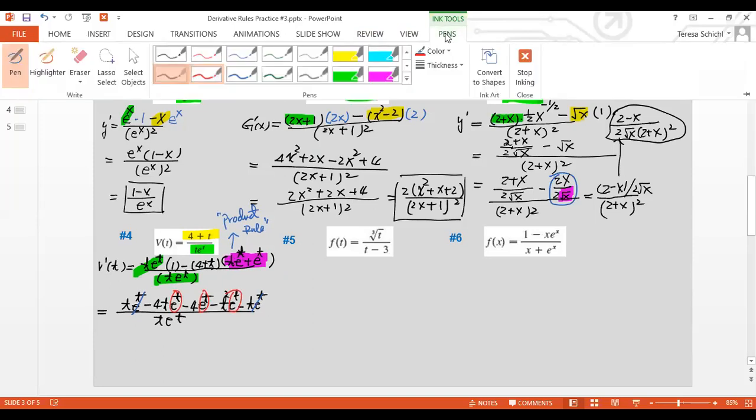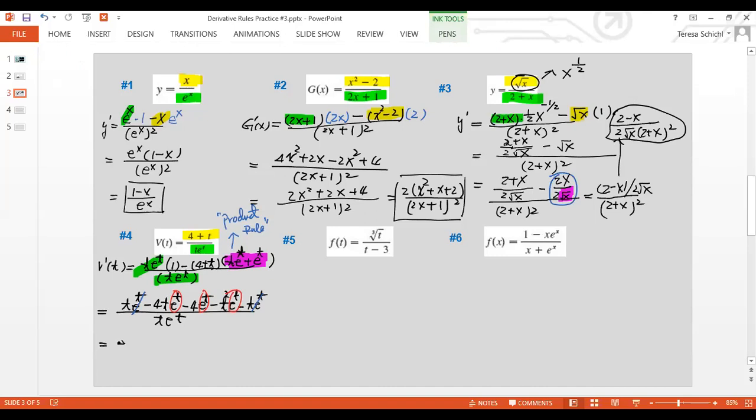So that's good, I can factor the e to the t out. So what is the top going to have? It's going to have negative 4t minus 4 minus t squared, divided by t.